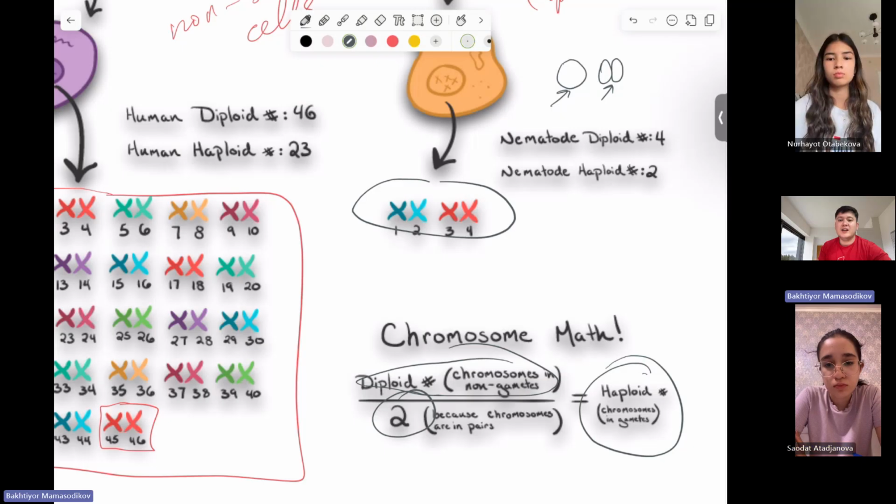They both carry the exact same DNA because they came from the same original egg and sperm. This is why identical twins look alike to each other and have the same genetic traits, the same chromosomes. Okay, good. Any questions?